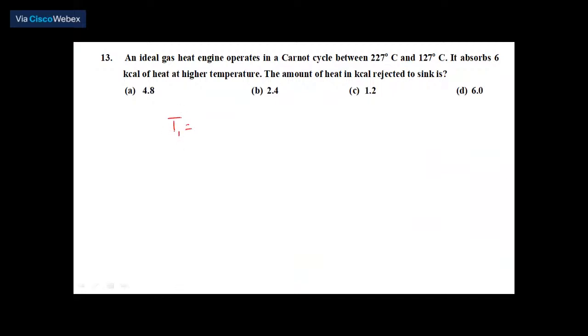Temperature of the source is 227 plus 273, we are expressing it in Kelvin, is equal to 500 kelvins. For the sink, the temperature is T2. It is 127 plus 273, how much? 400 kelvins.